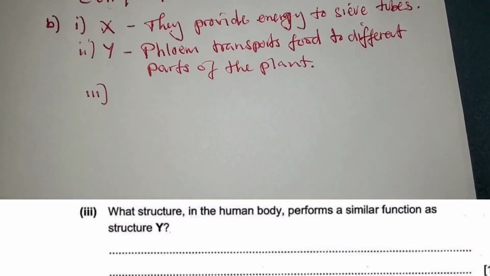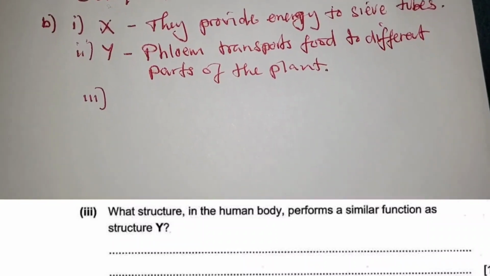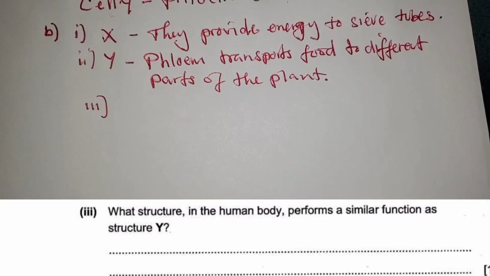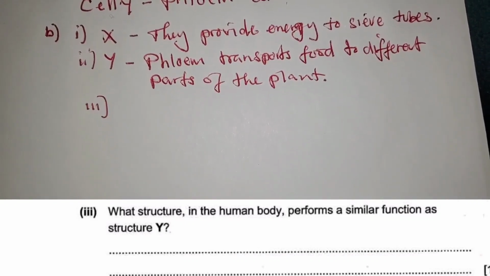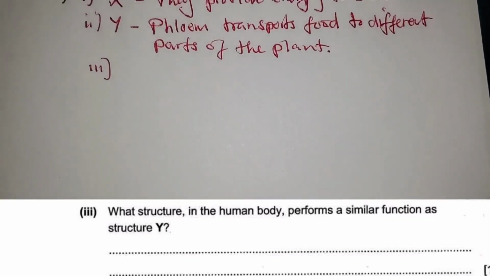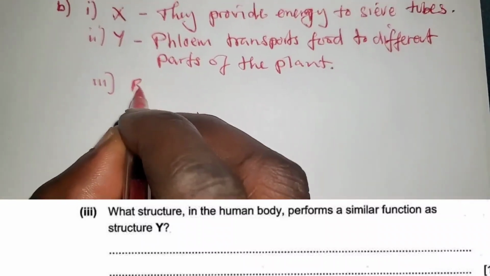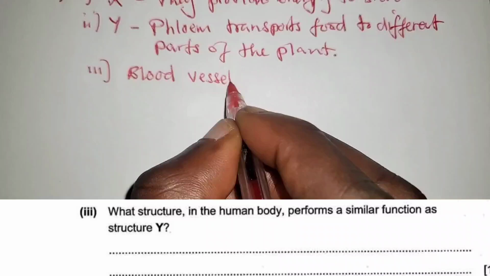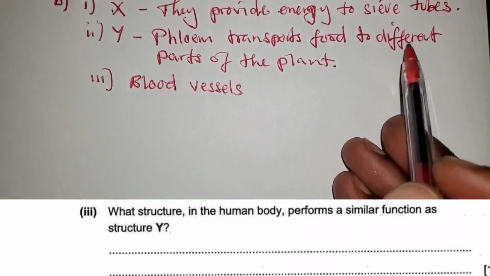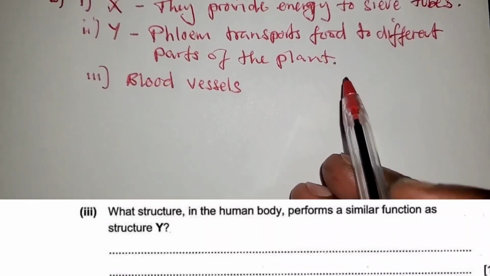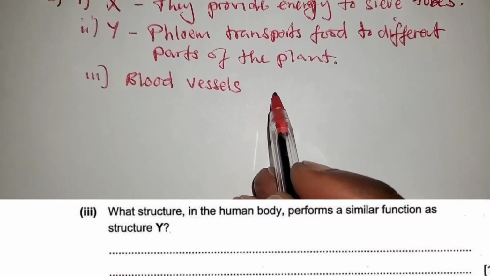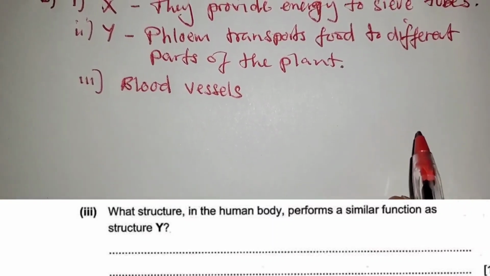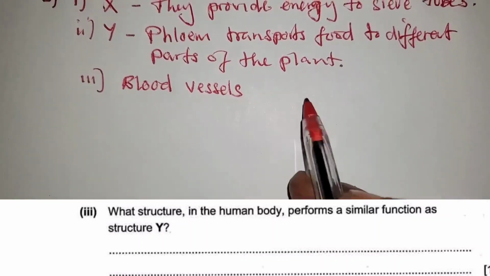As the phloem, meaning transporting food to all parts of the body. Which structure does this? So the answer is blood vessels. Since the phloem transports food to different parts of the plant, blood vessels also transport food substances to different parts of the body using blood.